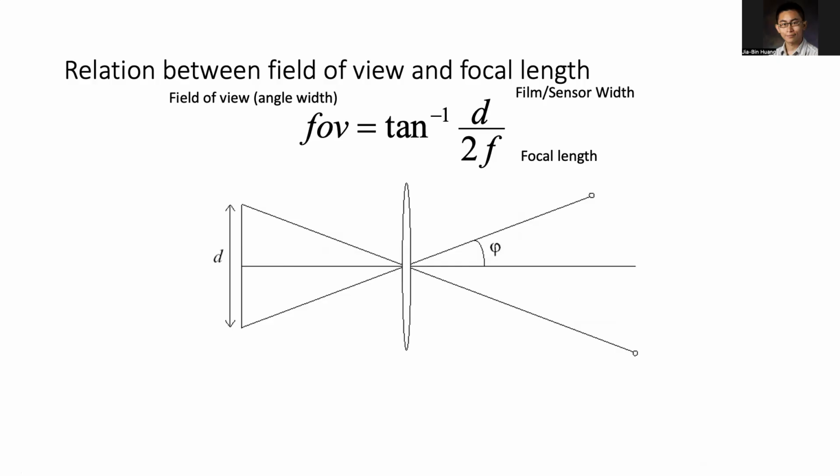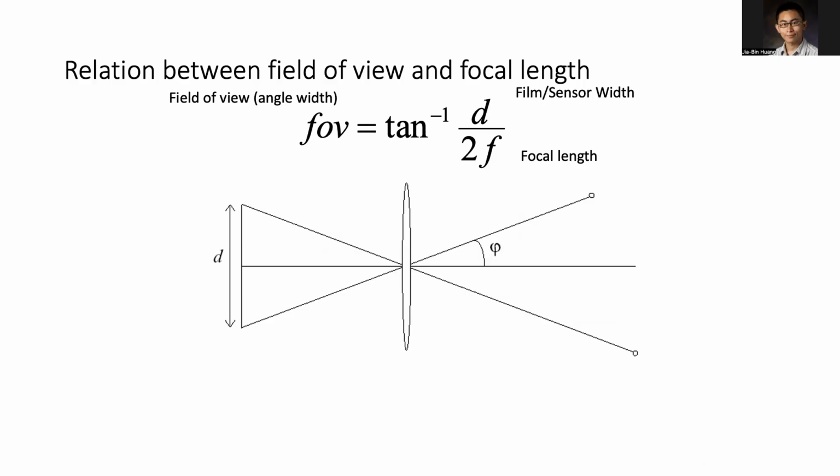And if you increase the focal length, then you have a smaller field of view. So this is good, for example, when you are capturing sports photography. Your field of view is very narrow, so you can see all the players in the very distant regions.